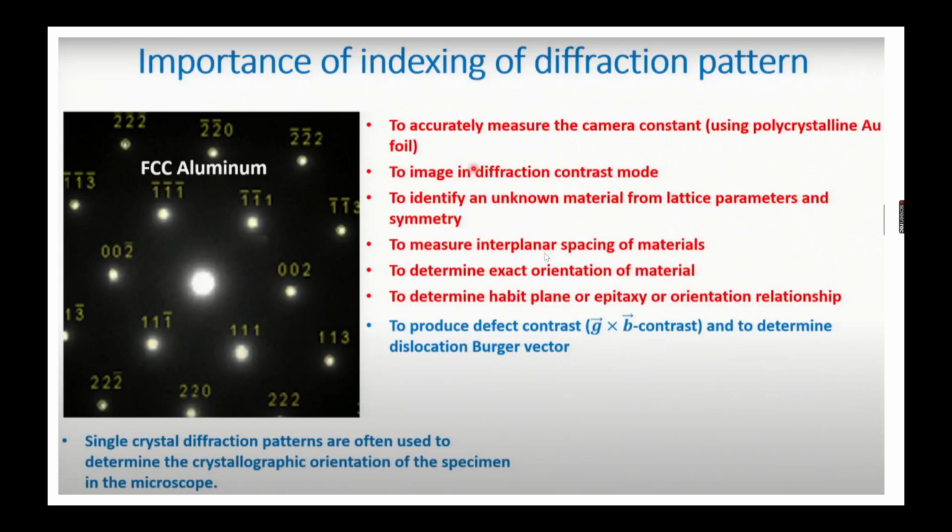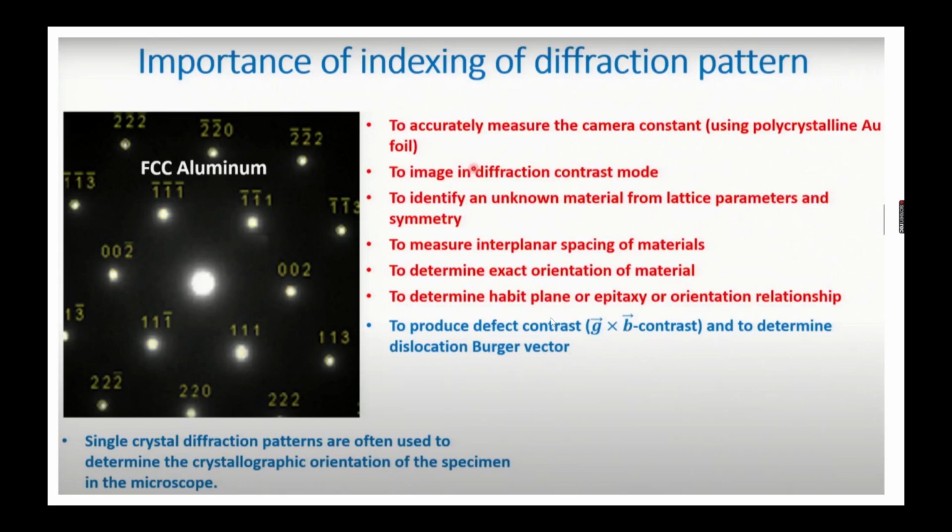You can measure the interplanar spacing of a material, determine the exact orientation of a material, and determine the habit plane and the epitaxy or orientation relationship. Okay, so you will see in the last slide about dislocations in TEM, to produce the defect contrast, this will be your line vector and the Burgers vector, and to determine the dislocation Burgers vector.